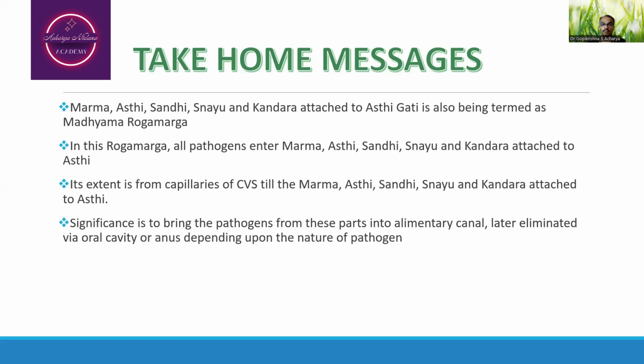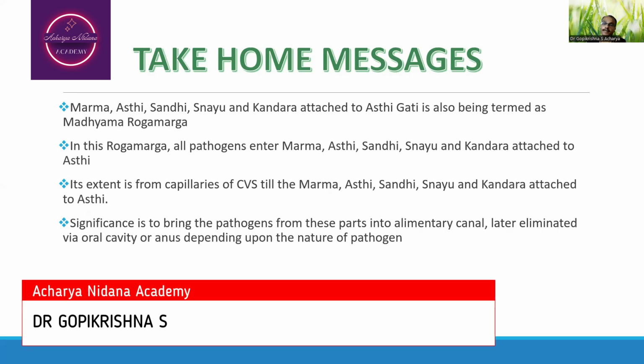But in the initial stages, we can reverse the pathogens from Madhyama Roga Marga to Abhyantara Roga Marga. That means the pathogens present in these parts can be brought back to the interstitial compartment, then to the intravascular compartment, and then to the stomach or small intestine or large intestine.